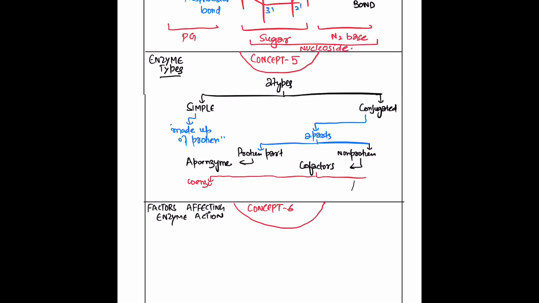We have coenzymes, prosthetic groups, and metalloions. And remember, coenzymes are organic cofactors, but they are loosely bound with the enzyme. Prosthetic groups are organic cofactors, but they are tightly bound with the enzyme. And metalloions are always inorganic in nature.